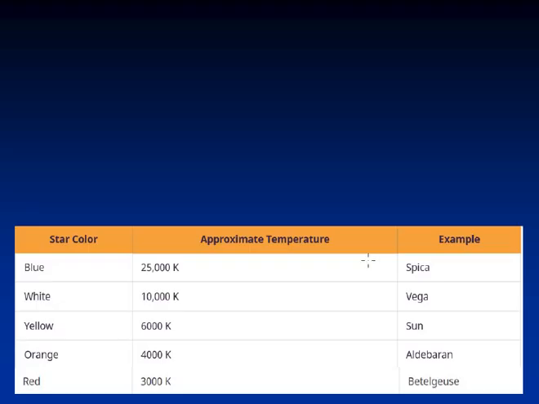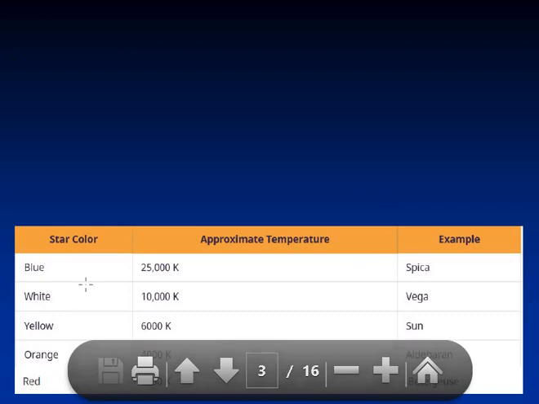Now, before I move forward, let me talk a little bit about the color indices. So this is my current topic. So what are they?